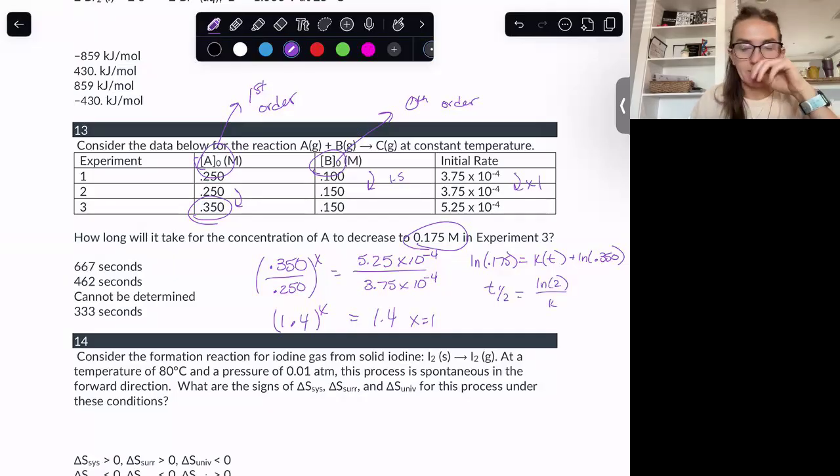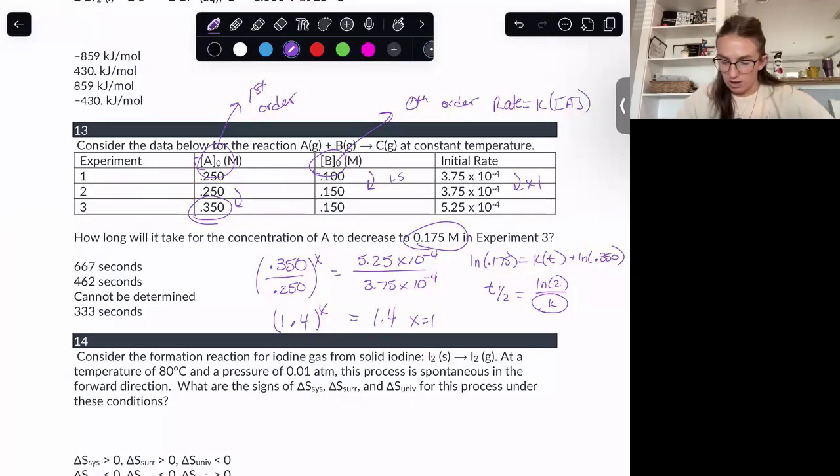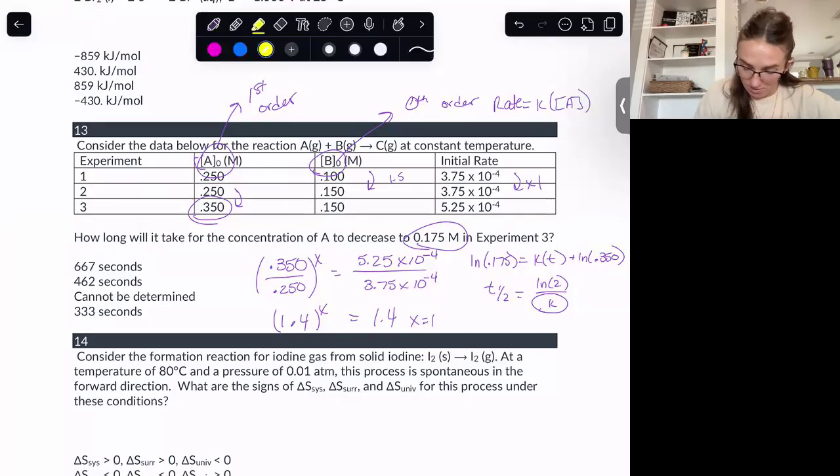We know that we are able to solve for K because, right, we don't have K yet either, but we're able to solve for K because we have rate is equal to K times the concentration of A in our rate law, based off of the fact that A is first order, right?